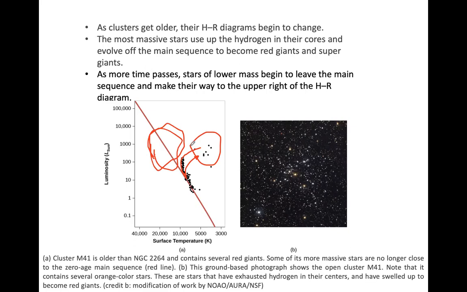The logic is right here. Once the cluster gets older and older, these O and B type stars will consume all their fuel and move out from the main sequence, right? Now this is actually a star cluster called NGC 2264.